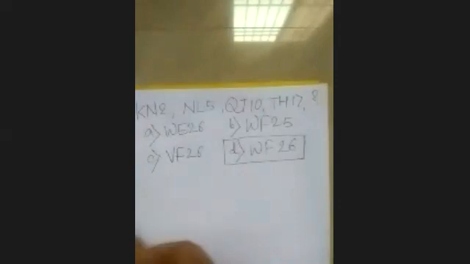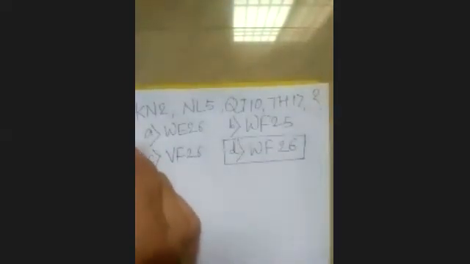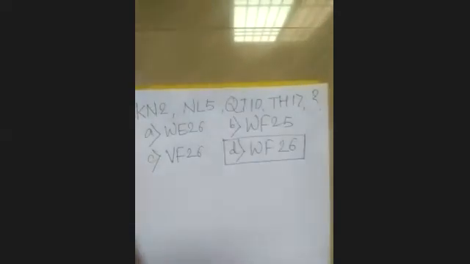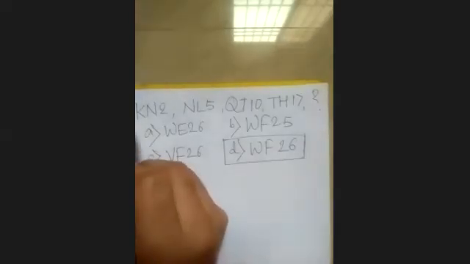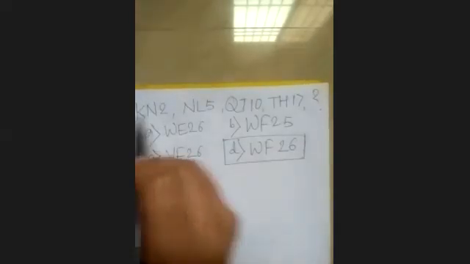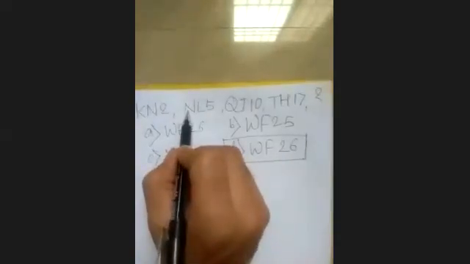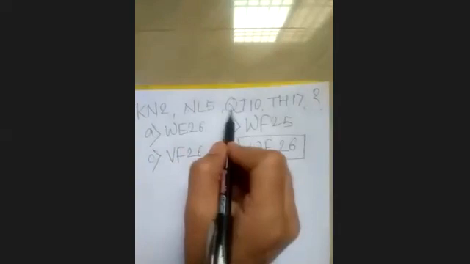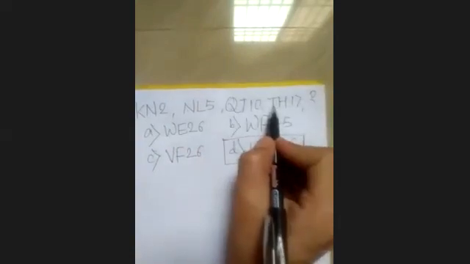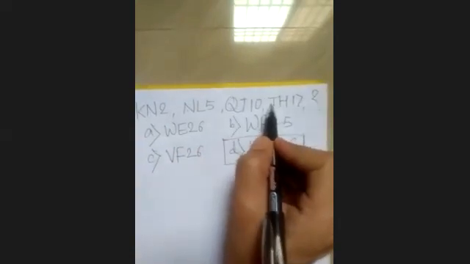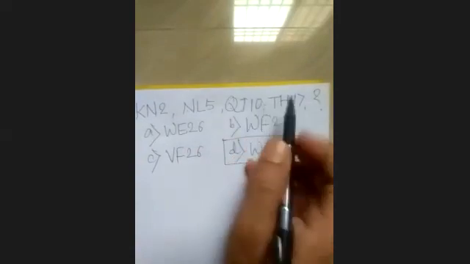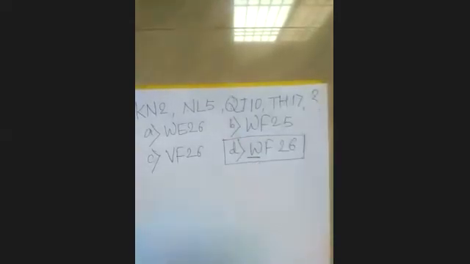Now let's verify the logic. So K, N, Q, and H. K plus 3 is N, plus 3 is Q, plus 3 is T. Therefore, plus 3 must be U, V, and W. So W is the plus 3.